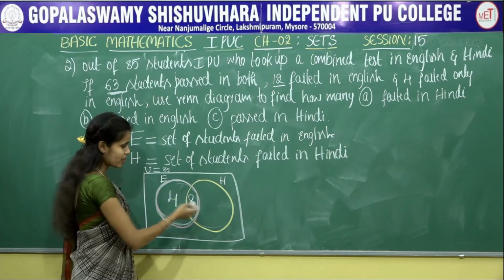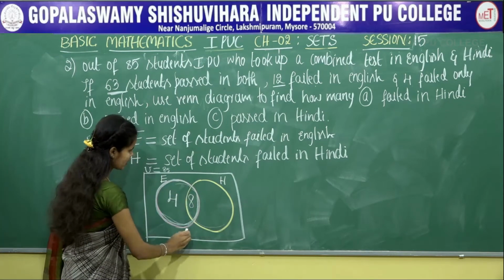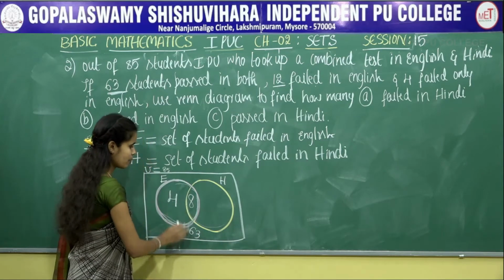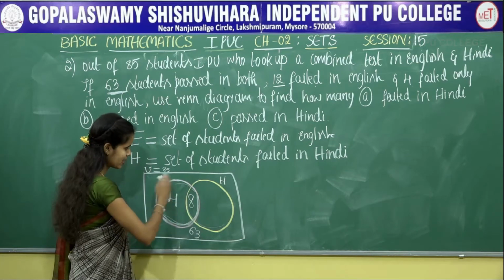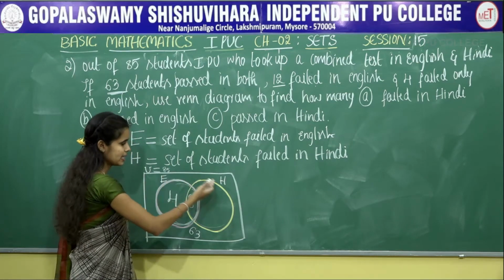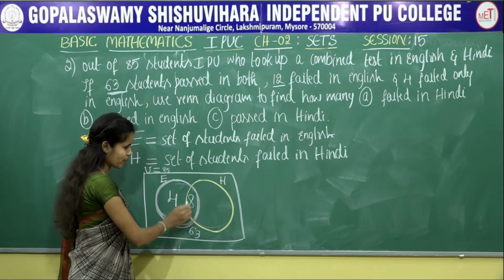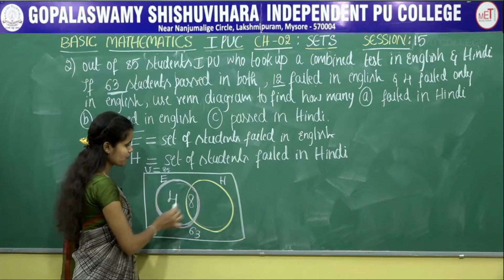So passed students means right outside the circle. So remaining outside the circle, write here 63 students passed. Outside the circle, out of 85 students, 63 passed in both Hindi and English.